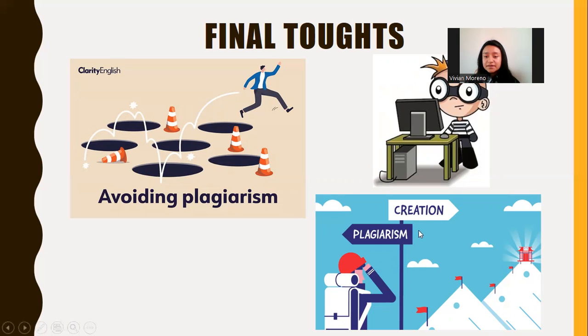So here we have a picture that explains better my idea about not copying and being original, being creative. Plagiarism is the fastest way and the easiest way. But the creation, as you can see, takes time, right? It takes time to have a final job perfectly, avoiding plagiarism.